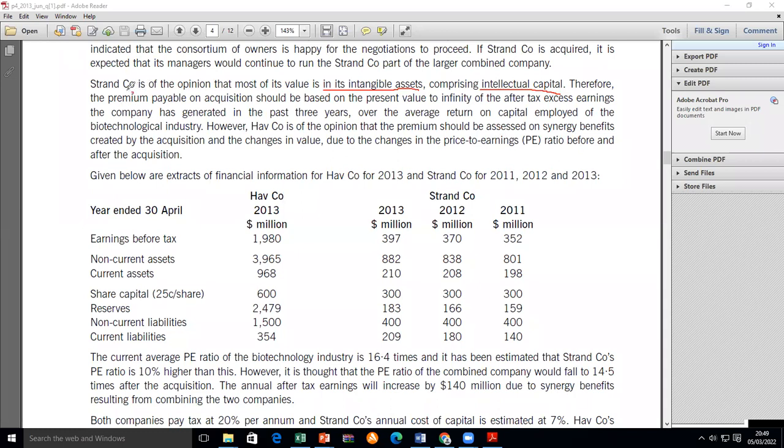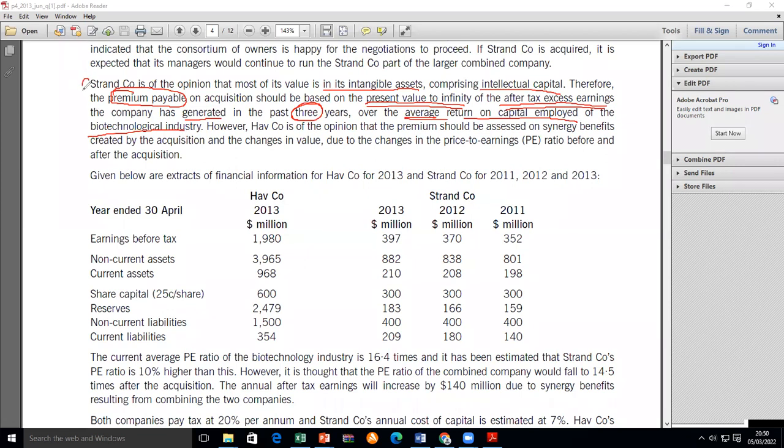Therefore, the premium payable, now listen to that, should be based on the present value to infinity of the after-tax excess earnings the company has generated in the past 3 years over the average return on capital employed of the biotech industry.